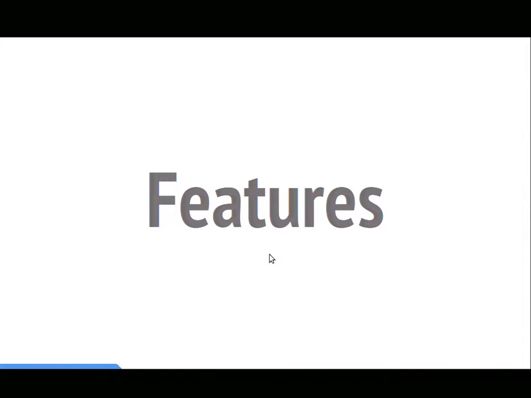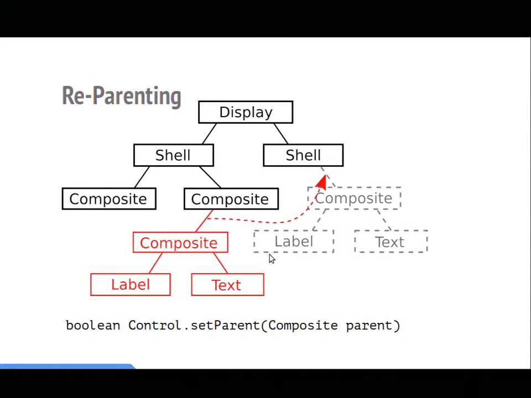Now for features. What are the new features in RAP 3.0? One of the most important things is reparenting. Reparenting is an API in SWT that allows you to exchange the parent of a widget. You know, there's a widget tree. At the very root of this widget tree, you have the display, and there are multiple shells in the display, and widgets.